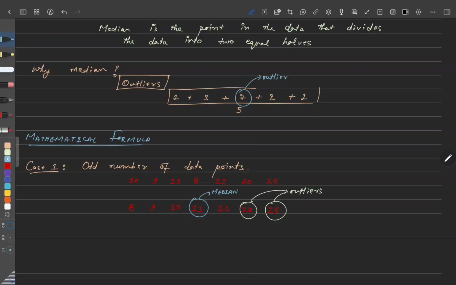So naturally, if we are just looking at the middle value of the ordered data set, it doesn't get affected by outliers. We didn't include 20 or 25, which are the outliers, in our calculation. So naturally, this number that we are selecting, which is the middle value, by definition is the median, and it doesn't get affected by outliers. I will say again.